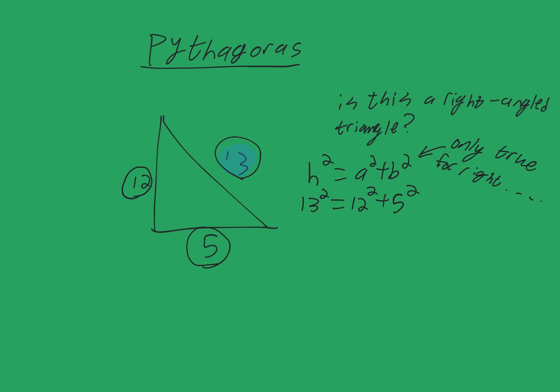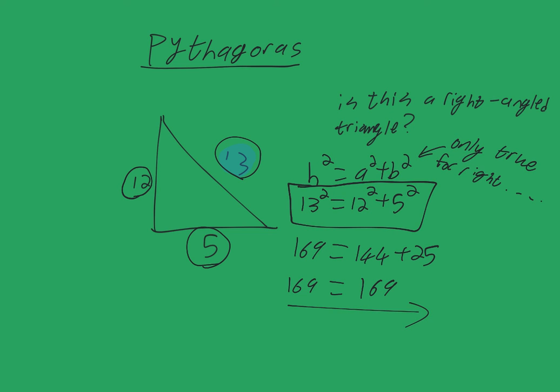Okay, so if we can prove this, then we're done. It's really that simple. So 13 squared is 169, 12 squared is 144, 5 squared is 25, and then we can see that that adds up to 169, so this is in fact a right-angled triangle.